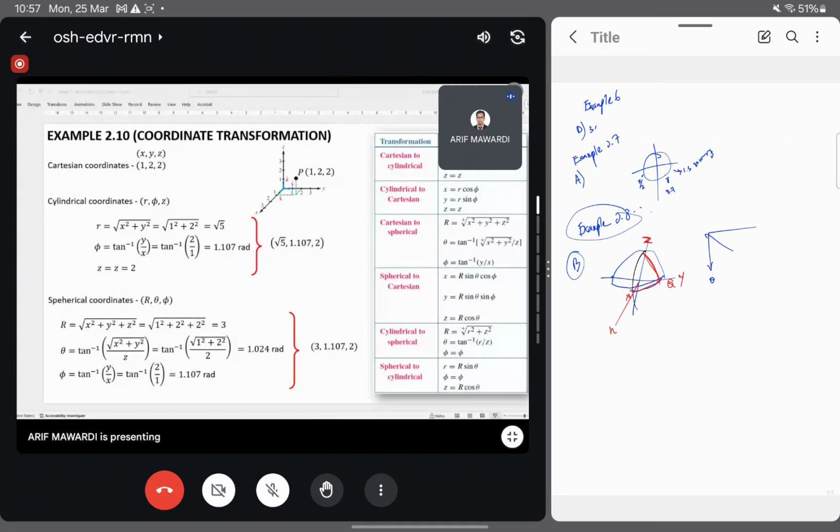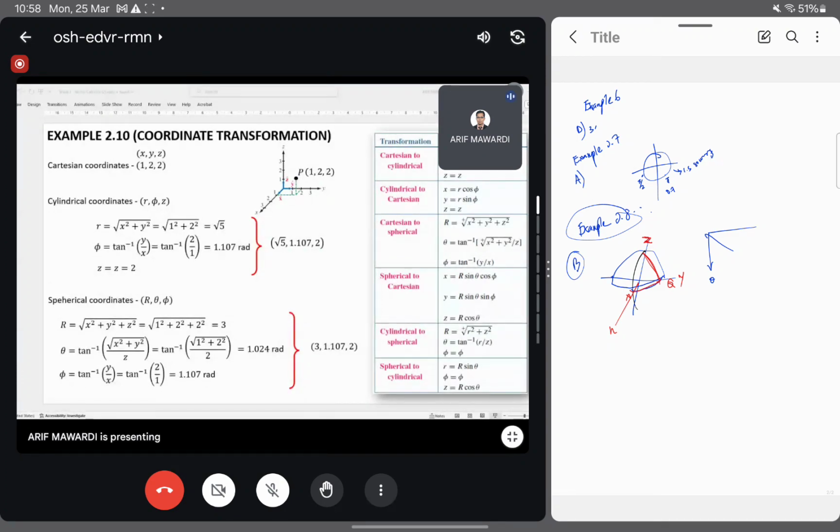So now I have obtained the values for all three coordinate variables in the cylindrical coordinate system. Therefore, the coordinates of the same point in the cylindrical coordinate system are the square root of 5, 1.107, and 2.